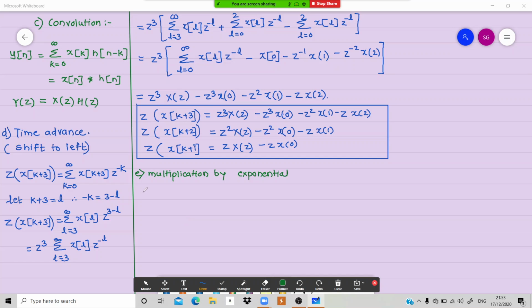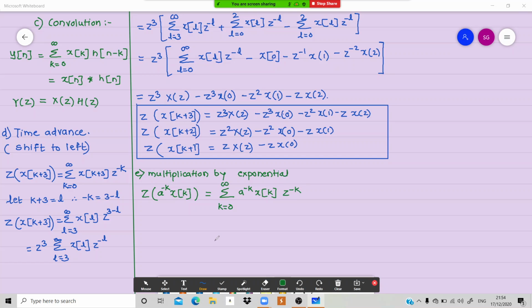That means, for example, you want to find out the z transform of any signal, but the signal is getting multiplied by some exponential term. Then what should it be? So we know the formula, summation of k equal to 0 to infinity, your signal x(k) and z raised to minus k.